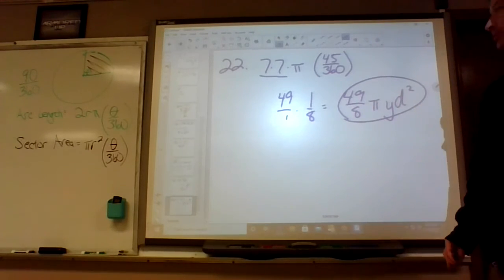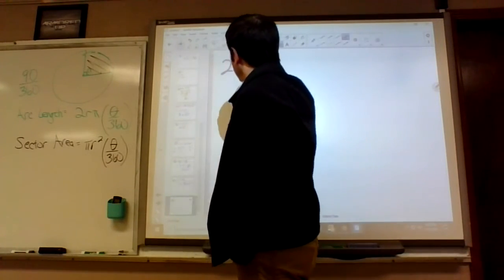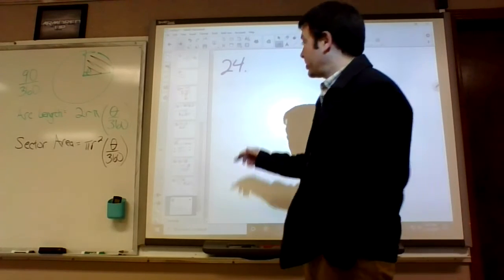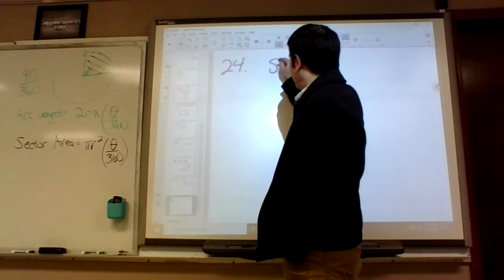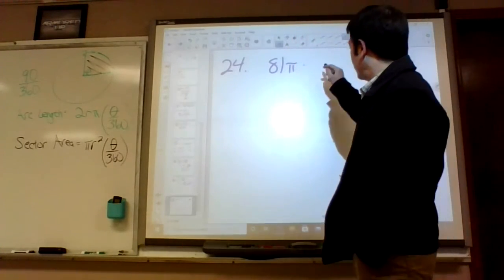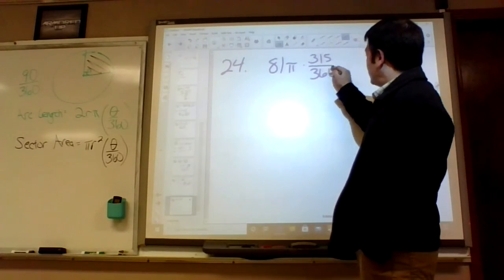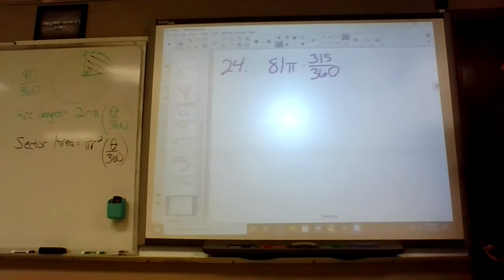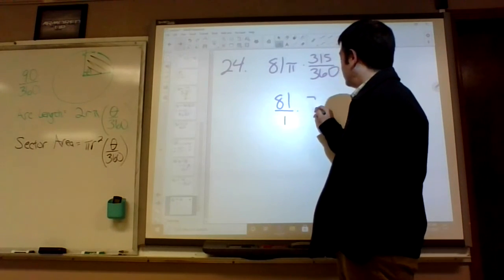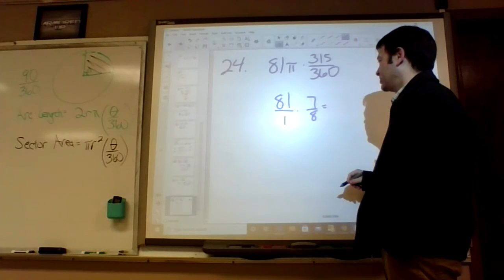Okay, are you guys done with 24 already? So the circle area is 9 times 9 times pi. Let's try 81 pi. Times what fraction are we using? 315 out of 360. That's 45 degrees short of 360, so that'd be 7/8 of the circle. That's kind of a mess as a mixed number.